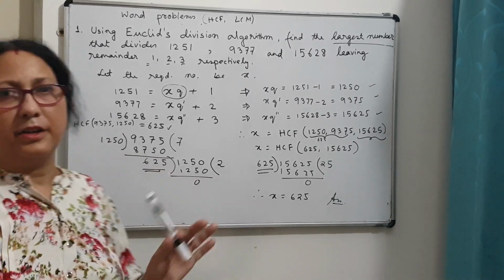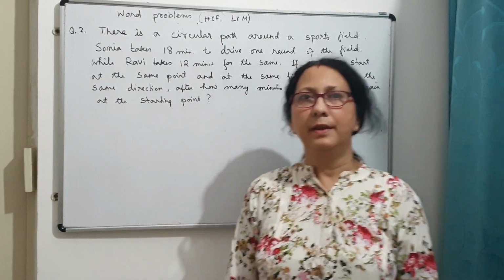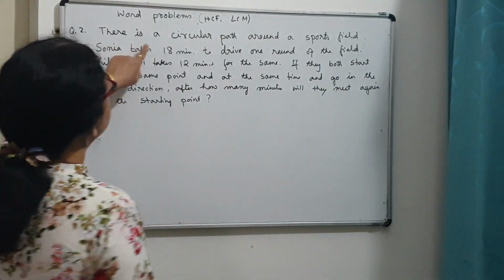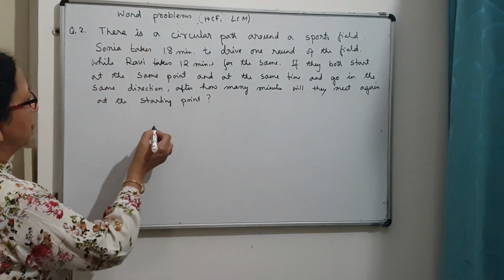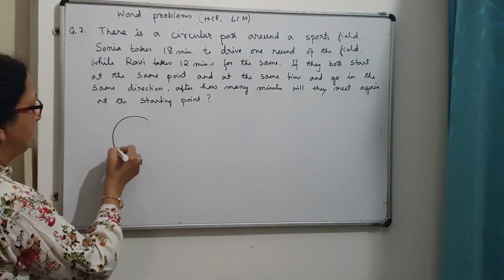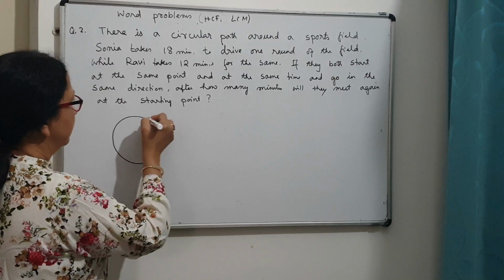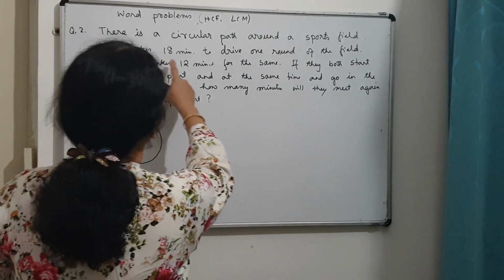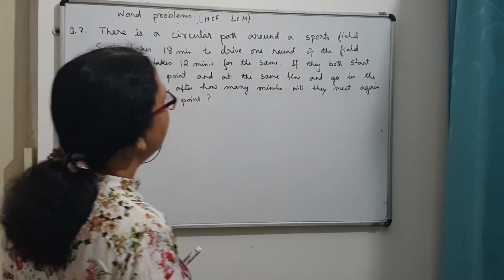Now next, another kind of question. The next question is this one. There is a circular path around a sports field like this. Sonia takes 18 minutes to drive one round.